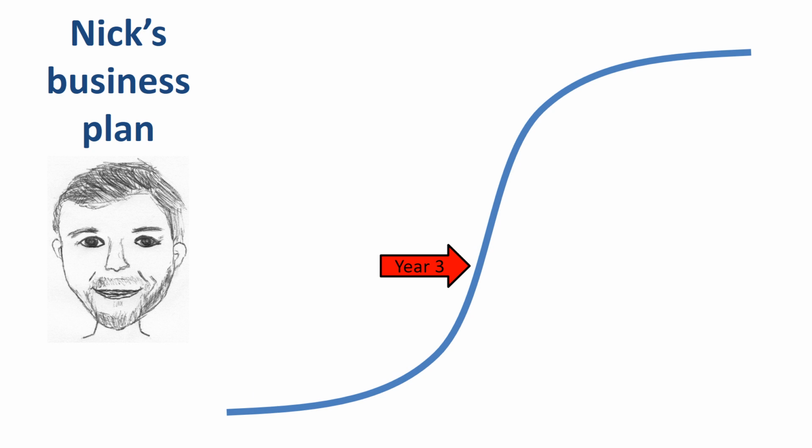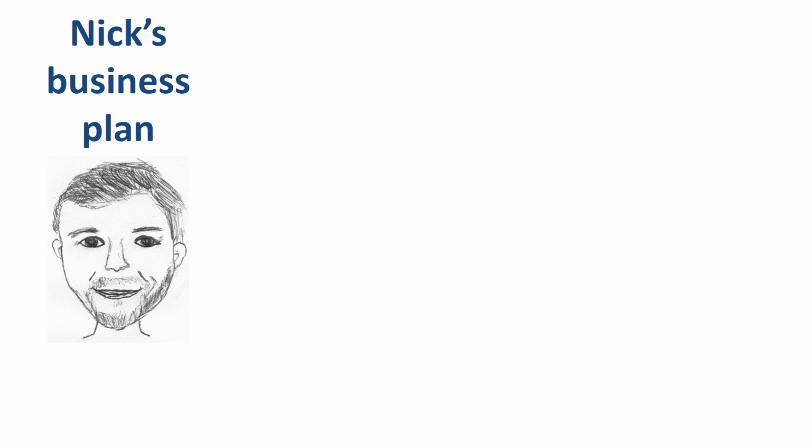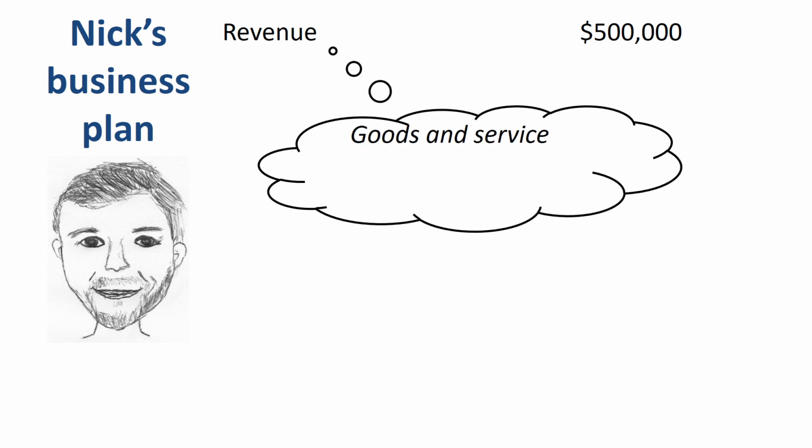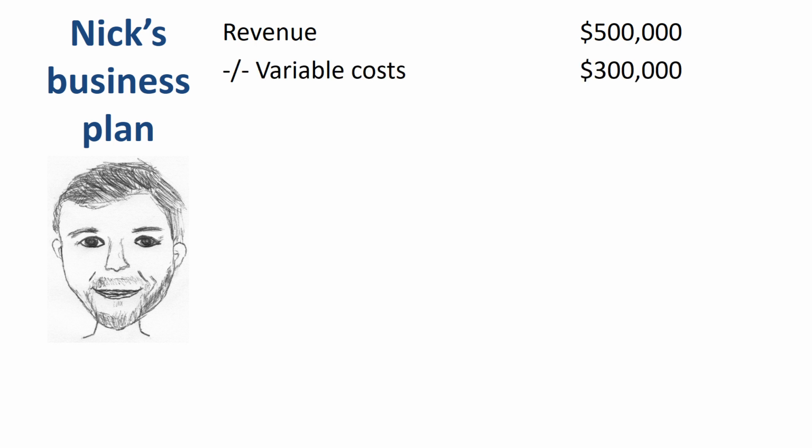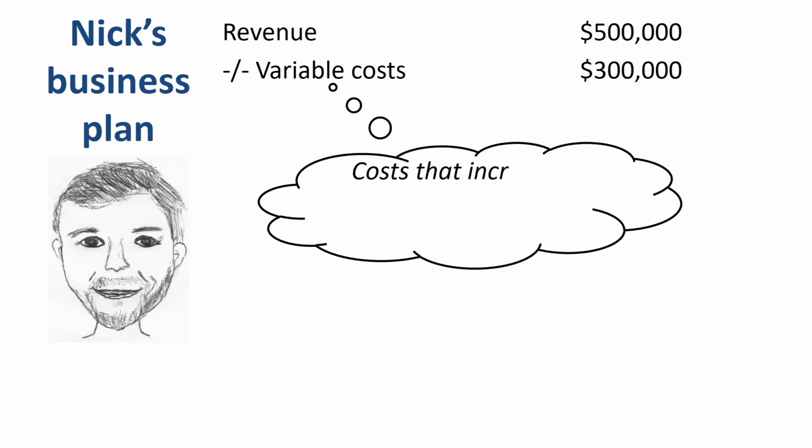Year 3 after starting his business, Nick is aiming for $500,000 in revenue. Revenue is the sum of the value of the goods and services delivered and invoiced to customers during the year. From this revenue number, he deducts variable costs of $300,000. Variable costs are the type of costs that increase when you sell more units.